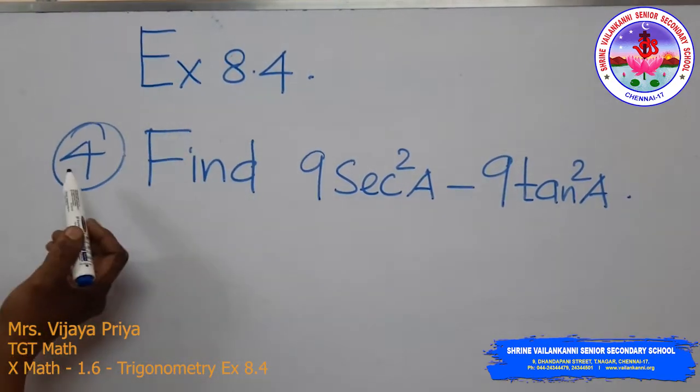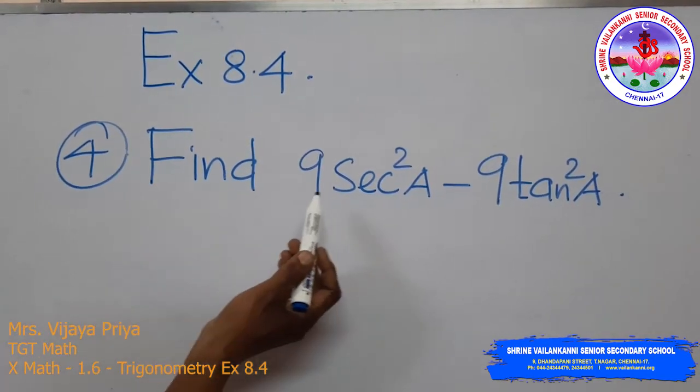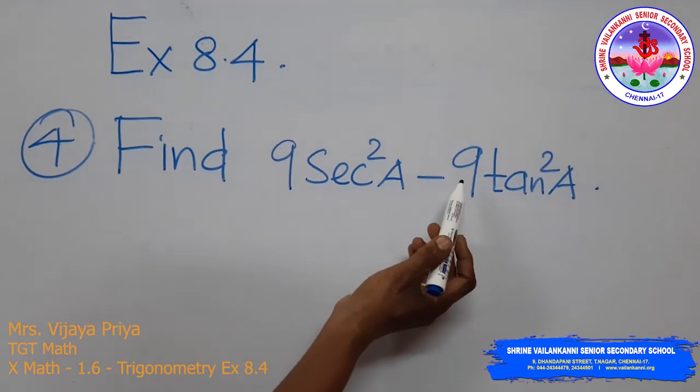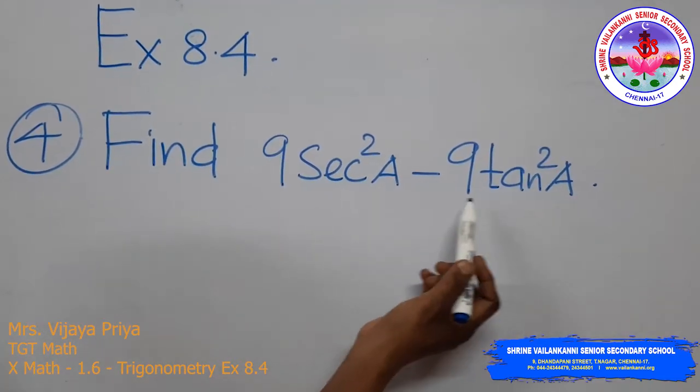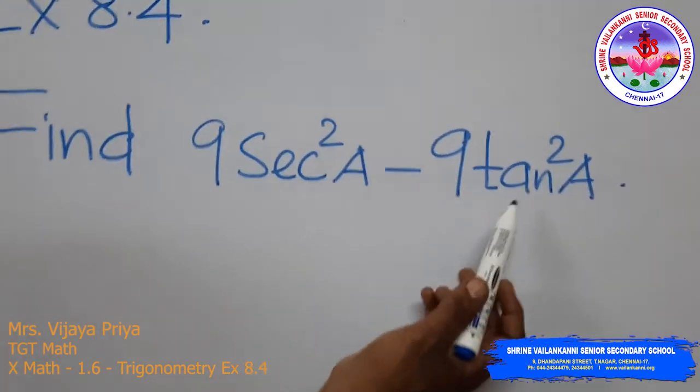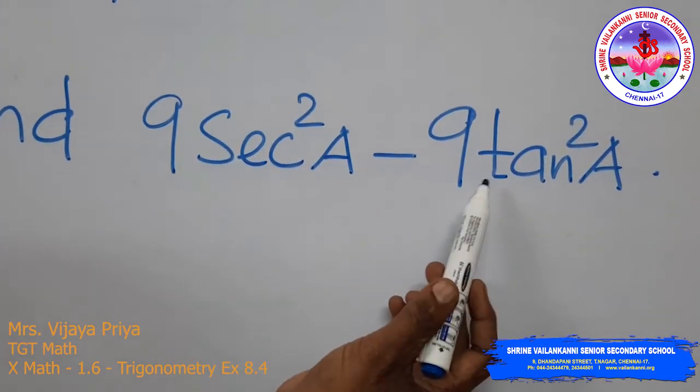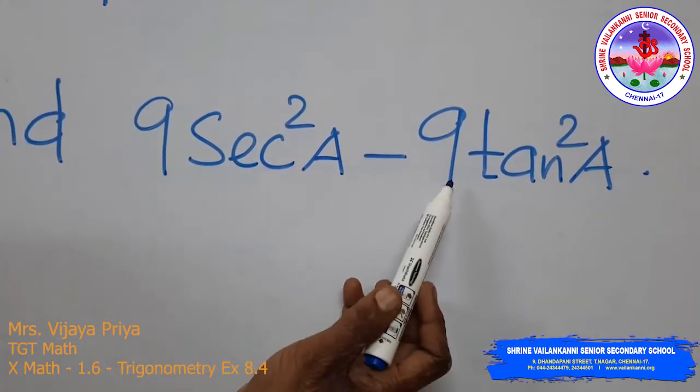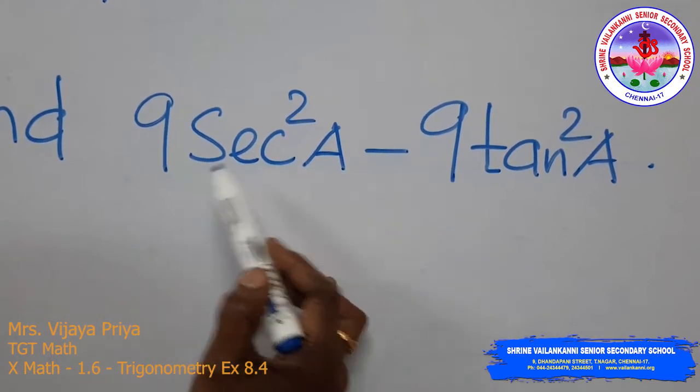Exercise 8.4, fourth problem: find 9 secant squared A minus 9 tan squared A. So you want to find the value for this. In both the cases, you have the number 9 as common. So you are going to take 9 as common from both.